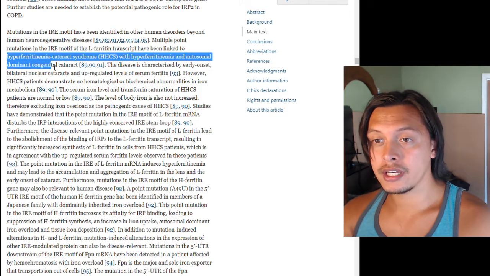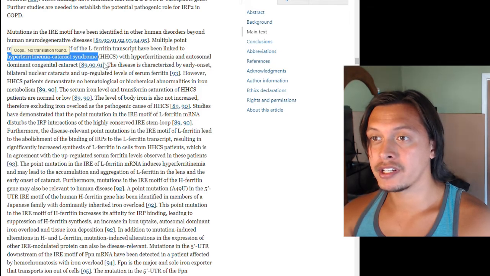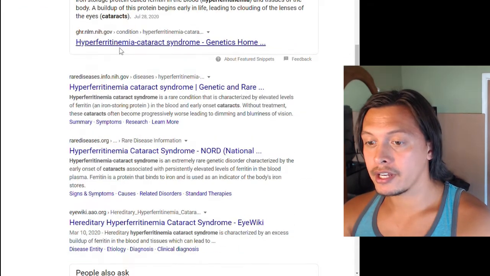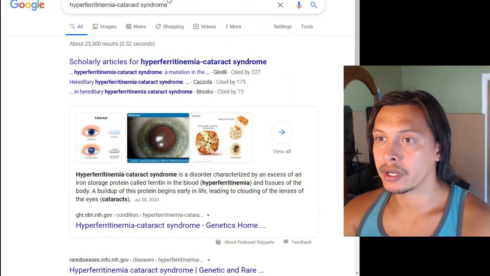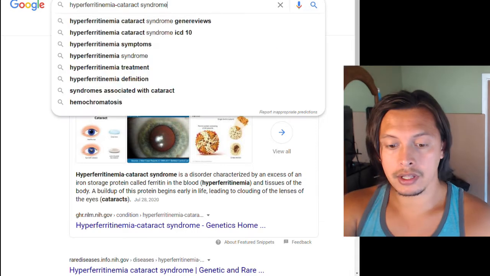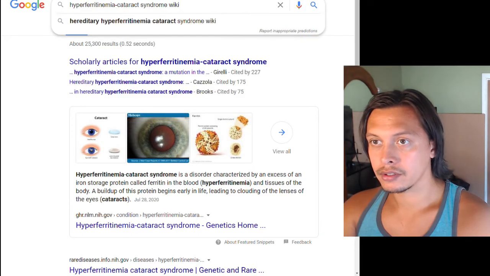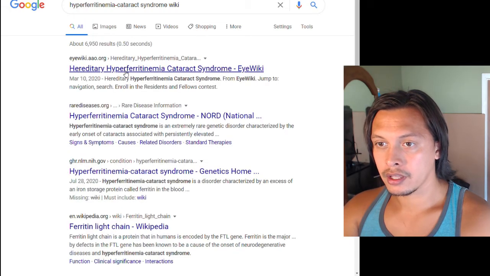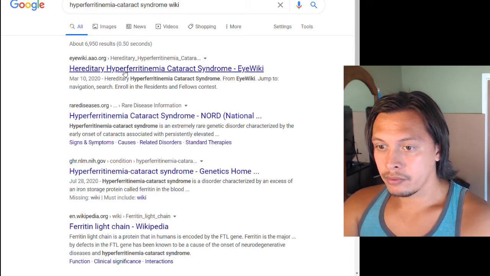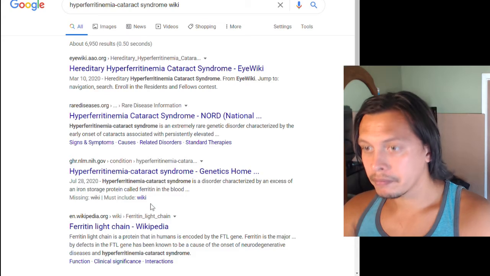So what is this hyperferritinemia? So emia means that it is in the blood, if I'm remembering correctly. So let's look up Wikipedia, because I don't want to. Oh, we could go to iWiki.